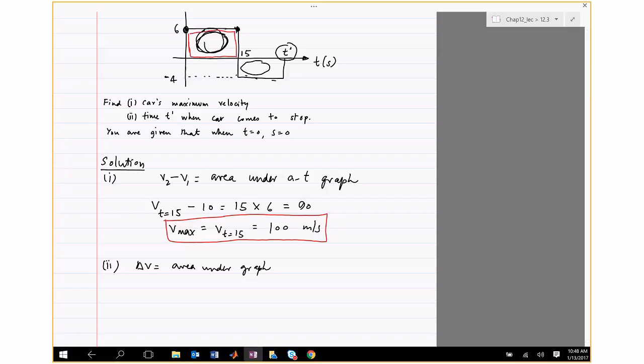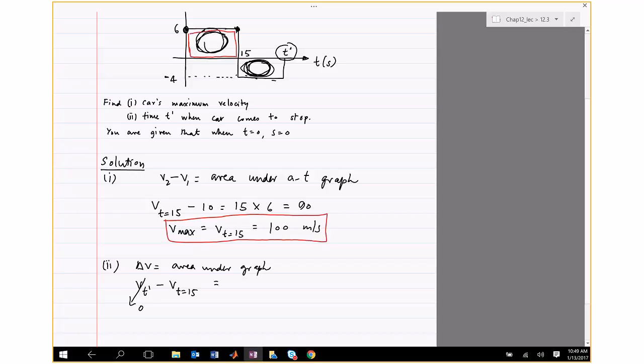What else can we do? We can use area under the graph, but we know the velocity at 15, and we know the velocity at t prime, which is 0, right? And that's going to be the area under this graph. So that's going to be base times height.